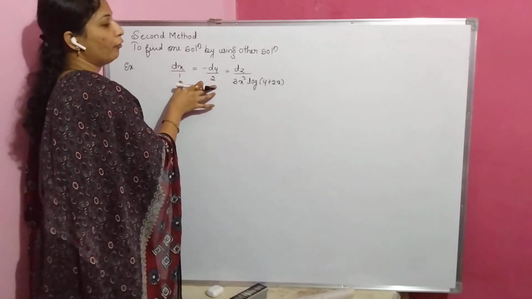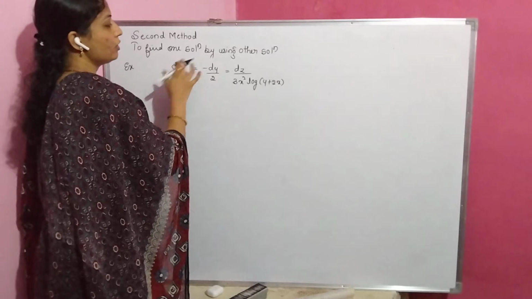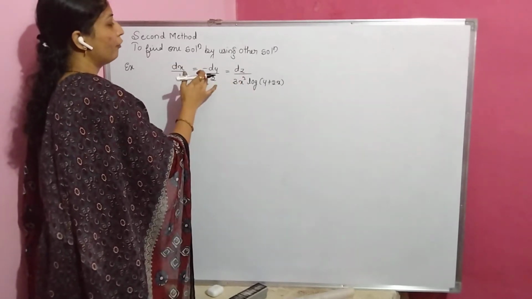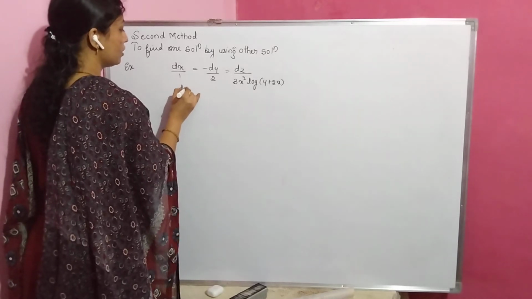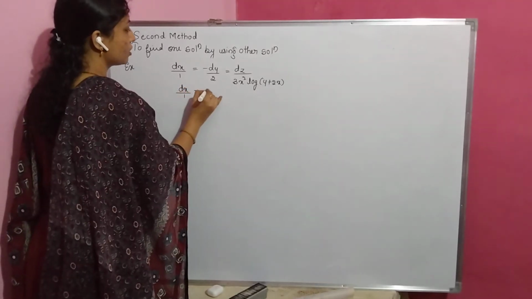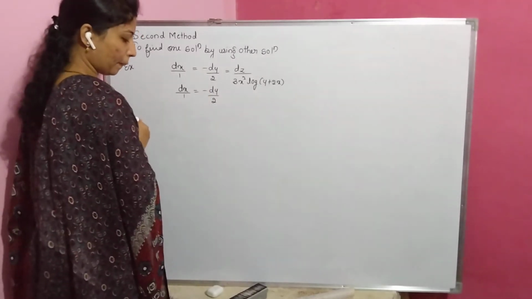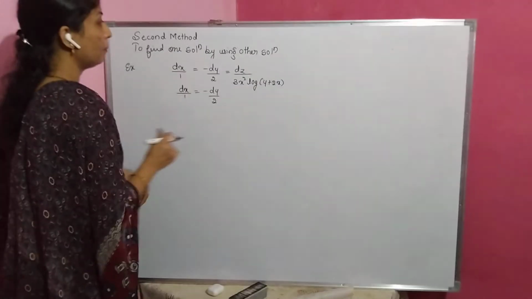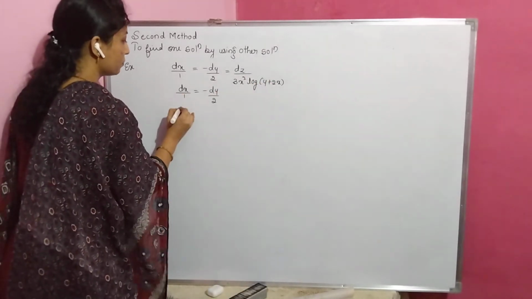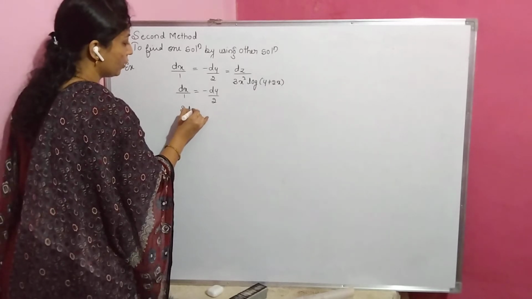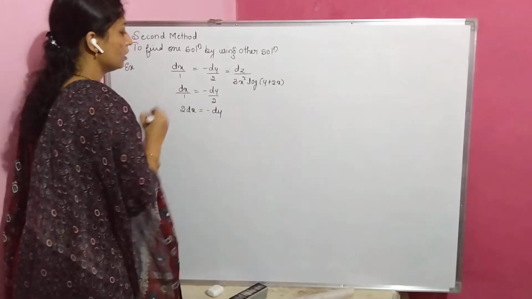After finding the value of c1, we solve the first or third term, or we have to consider the second or third term. So first we have to consider the first pair as dx divided by 1 is equal to minus dy by 2. Then cross multiply, so it is 2 with respect to x is equal to minus dy.